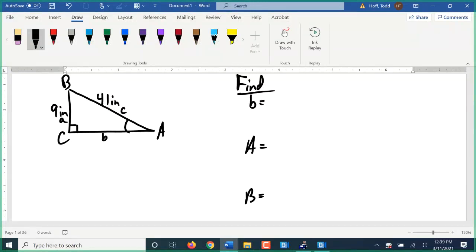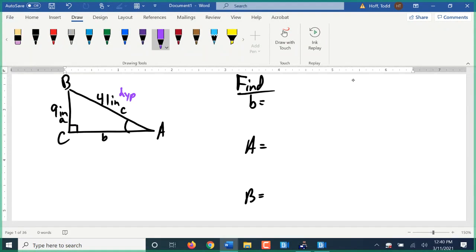Okay, so side B, this is still Pythagorean theorem, a squared plus b squared equals c squared. However, in this case, we have the hypotenuse and one of the legs. So to find the other leg, we are going to be working backwards.